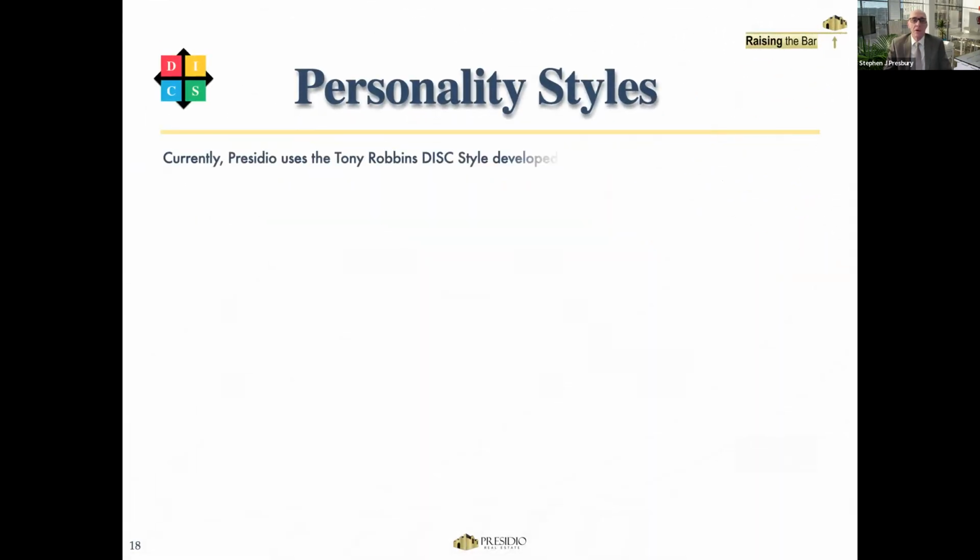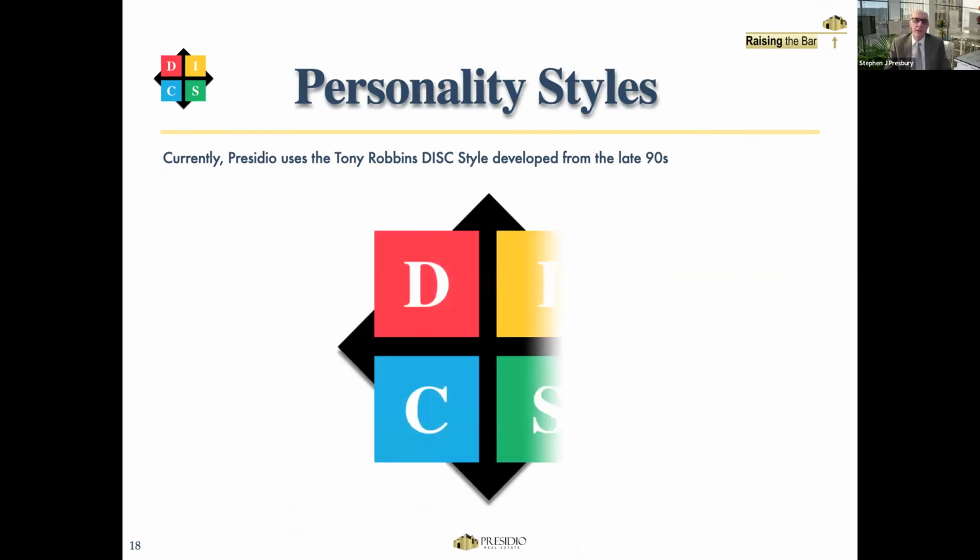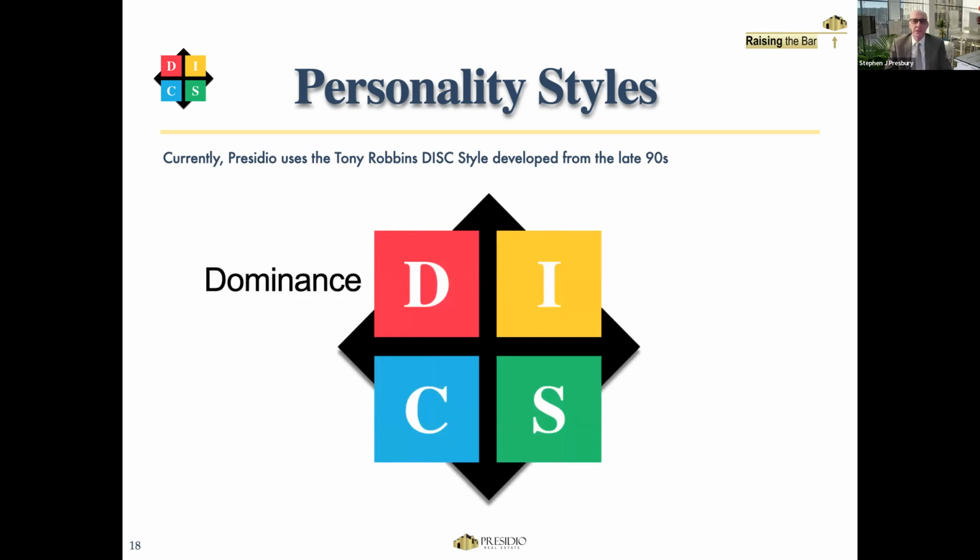The one we're going to look at is the Tony Robbins DISC, developed in the late 1990s. Most people are familiar with this one. It's probably the easiest one to recognize. A lot of brokerages will have access to some of these programs, and if not, you can take it yourself online.